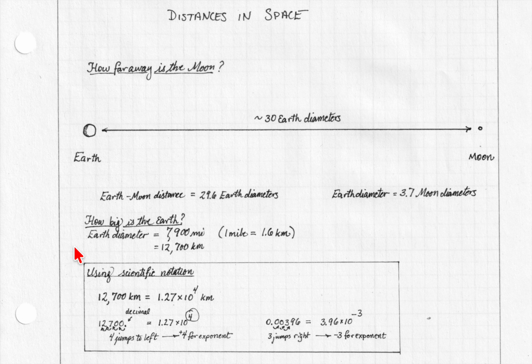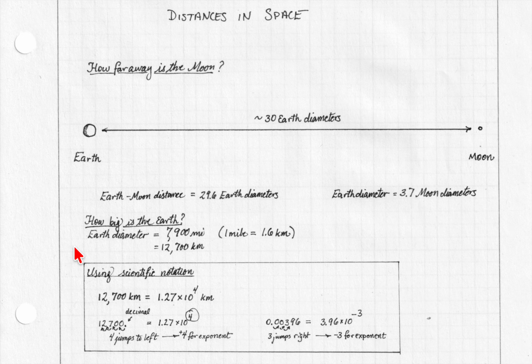Now, for the size of the Earth, it's easy enough to just write the number out in full, using a comma to separate out the thousands, for example.